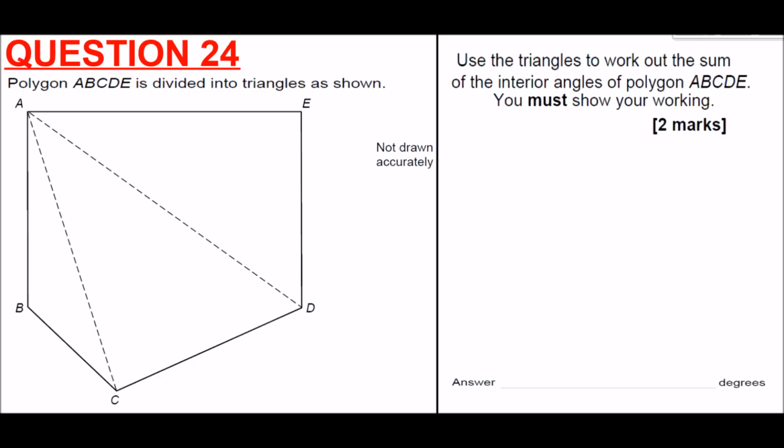Question 24. The polygon's divided into triangles, and we're asked to use the triangles to work out the sum of the interior angles of polygon A, B, C, D, E. You must show your working.